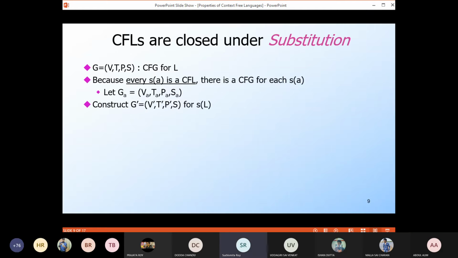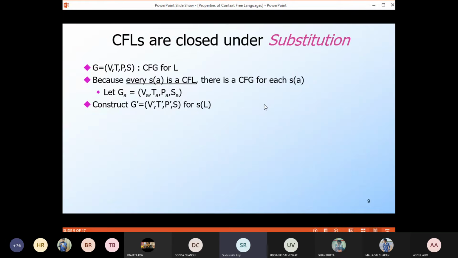Now what we are going to do is, given these n plus 1 grammars, we are going to create yet another grammar, G prime: V prime, T prime, P prime, and S, which remains the same as the original S, for the substituted language. How are we going to create this grammar?